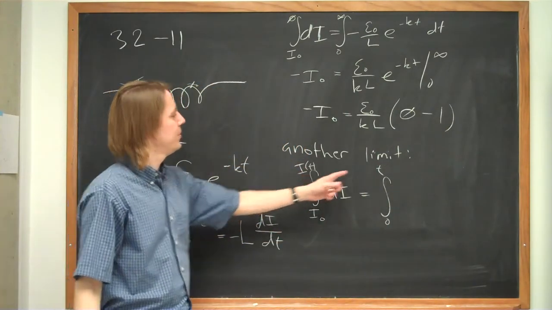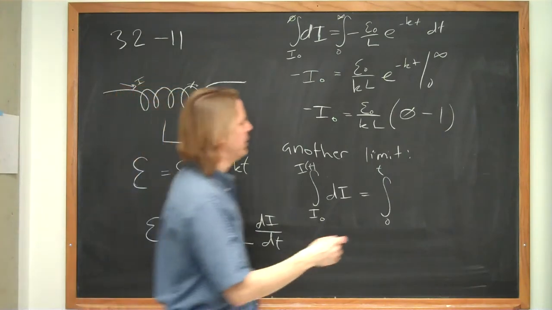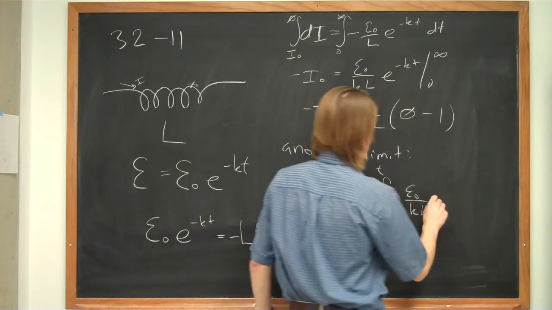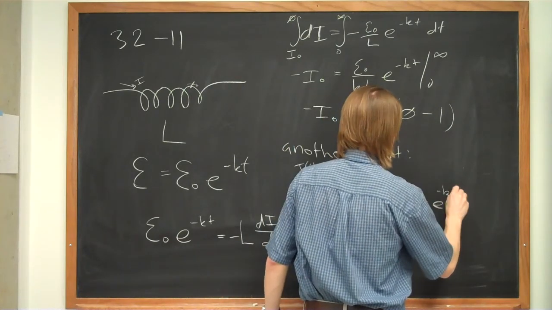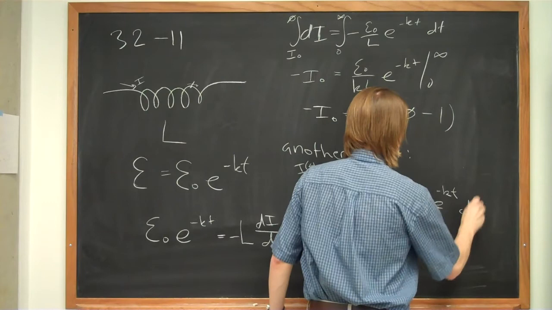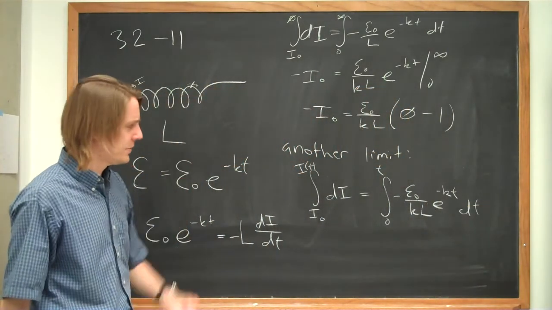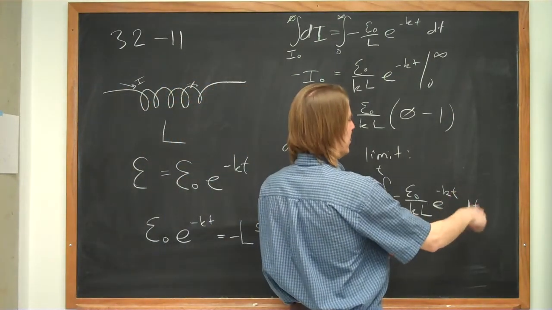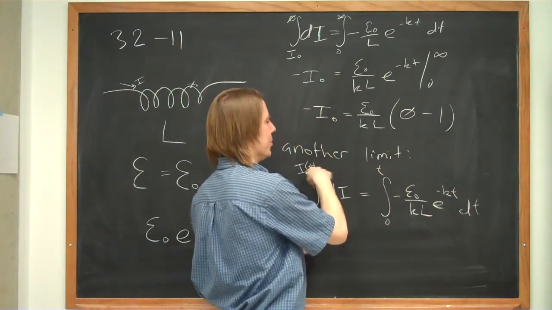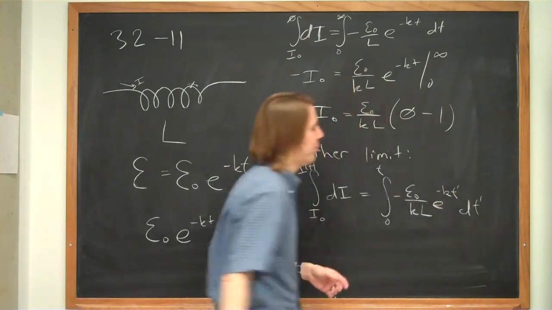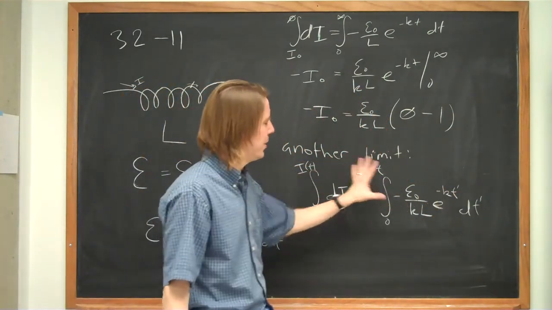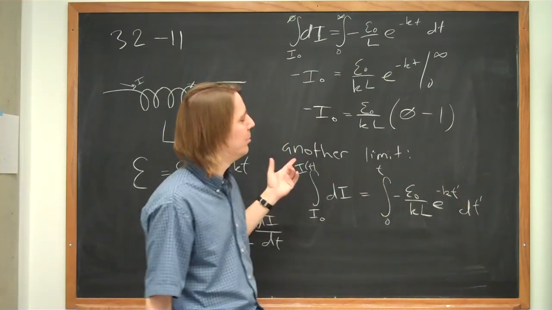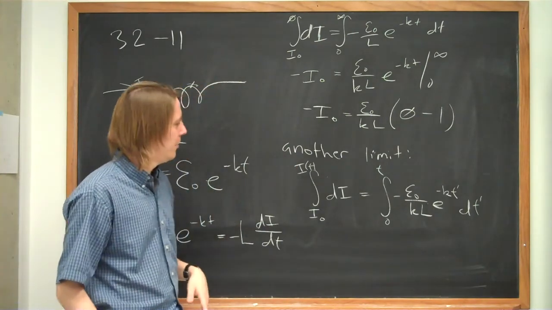At some time t, it'll be a current I. And then it's the same integral, E naught over kL, e to the minus kt' dt'. And here's something we do in physics and calculus. We don't want to mix up the t we're integrating with the t that we're applying limits for, so we put a prime here. Whenever you see a prime like that, they're just trying to keep it straight in your head. You're integrating with respect to this time, and then in the end you're getting something as a function of time through your limit.